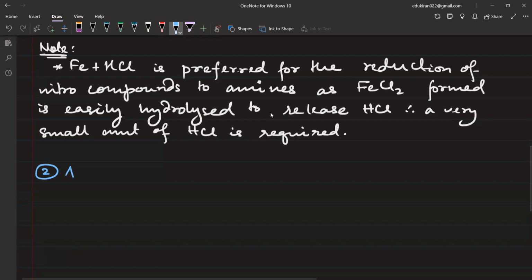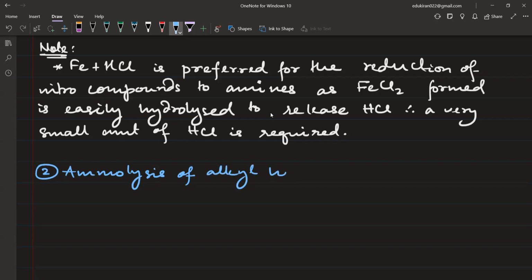Second method of preparation, ammonolysis of alkyl halides. In ammonolysis of alkyl halide, we have seen this reaction in haloalkanes and haloarenes. So when you have ammonia and RX, a haloalkane, the carbon is going to have delta positive because it is connected to the electronegative element halogen.